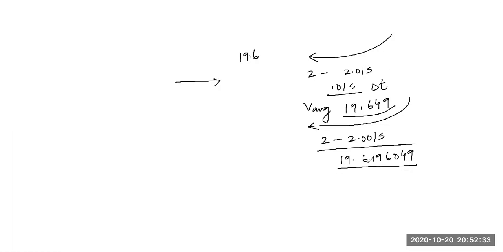I think these digits tell me the validity of this calculation. Okay, so it was 19.6196. See, students, again, however small an interval you take, delta t, maybe 2 to 2.00001 seconds, you'll find astonishingly the velocity is not going to cross 19.6 meters per second.